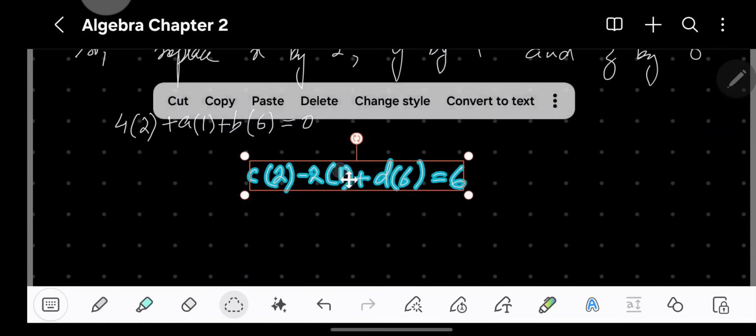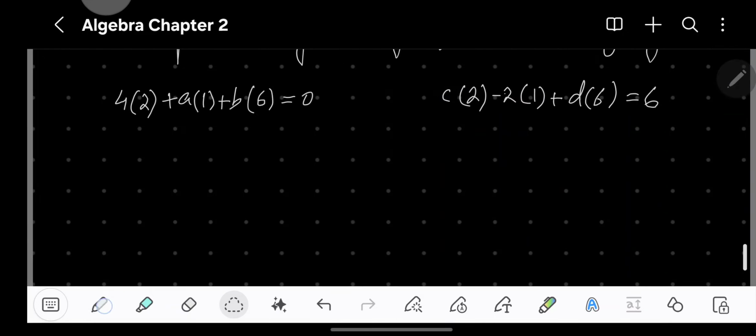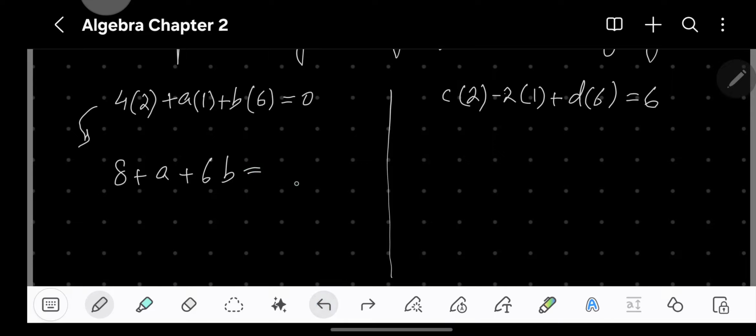So in this equation we can write 4 times 2, that is 8, plus a plus 6b is 0. And this equation can be written as 2 times c minus 2 plus 6d is 6.